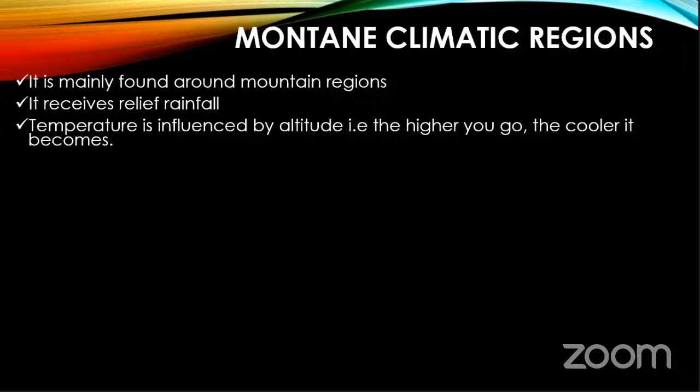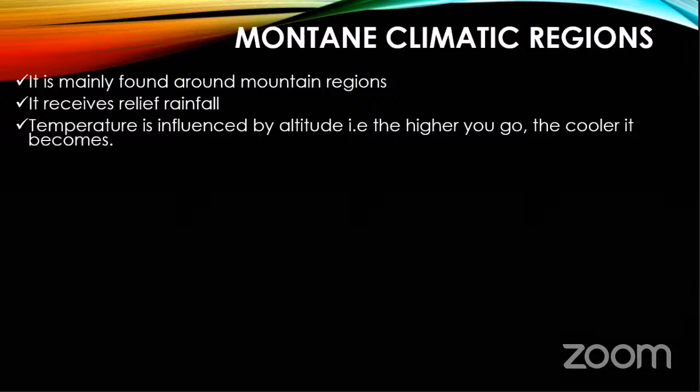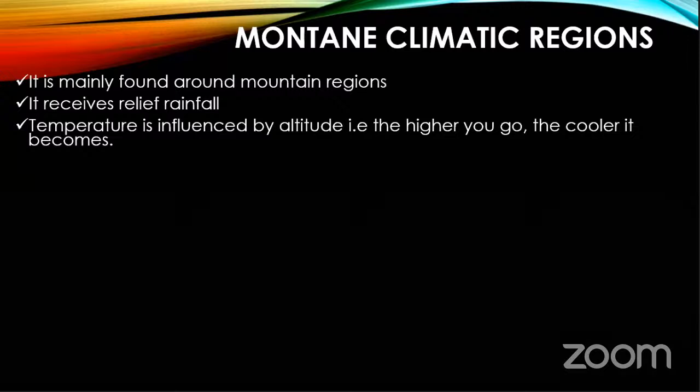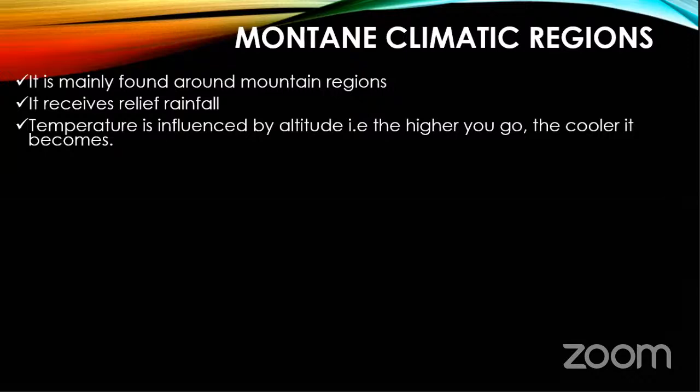So that means the higher you go, the cooler it becomes. That one we have discussed, and we even know why it is so. Why is it that the higher you go, the cooler it becomes? We even know that because the moon is nearer. So when you are going higher, you are actually getting closer to the moon, and that defines why it becomes cooler.